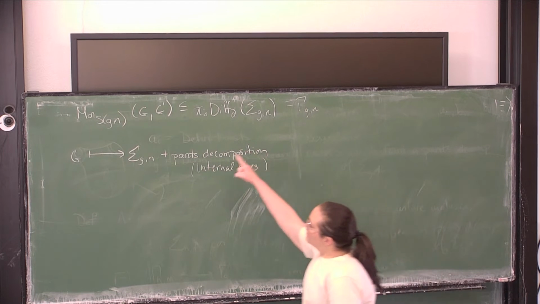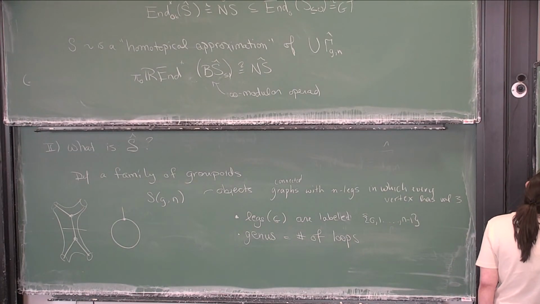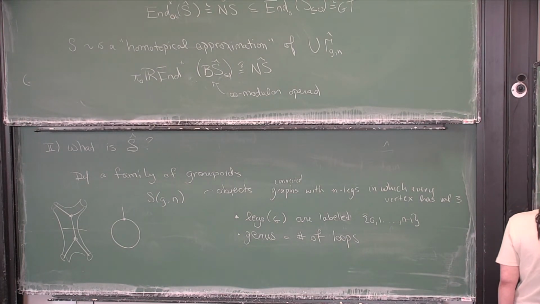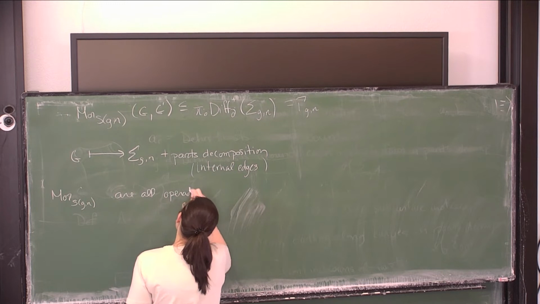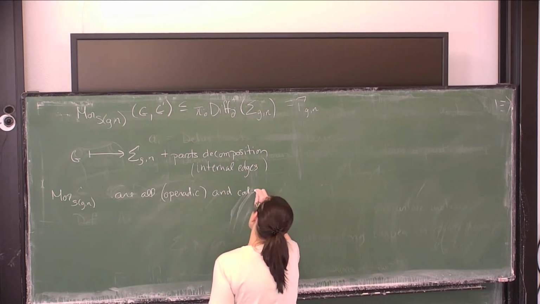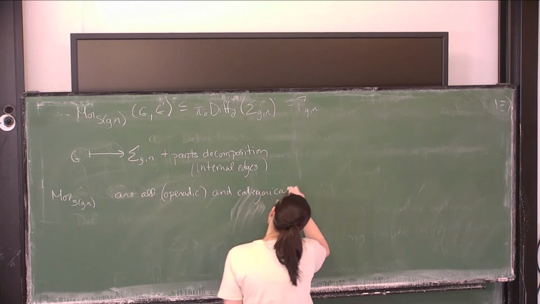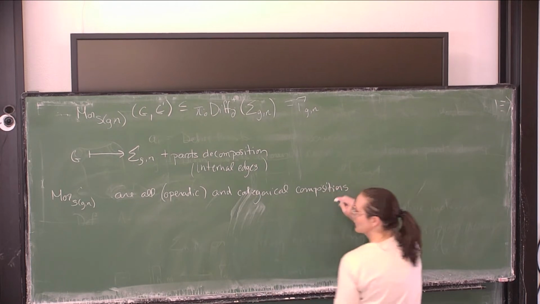And so you can actually say more about these morphisms. The morphisms of SGN have a presentation as well, and categorical compositions. I haven't said anything about operads yet.